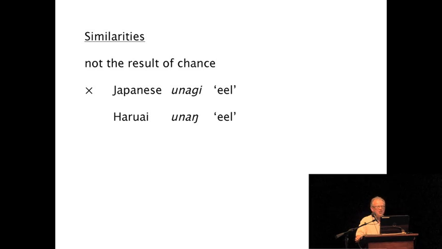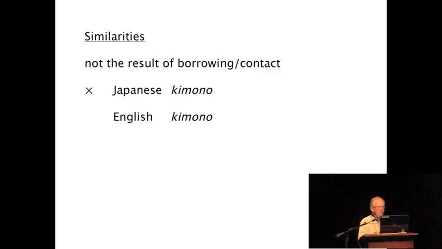And one of the words I learned in Japanese, so favorite Japanese food, unagi, an eel, and in Haruai the word happens to be unang. Now I didn't immediately sit down and write a paper on Proto-Japanese Haruai, because if you look at the rest of the vocabulary, you don't see any similarities. Probably this is pure chance. Almost certainly this is pure chance.